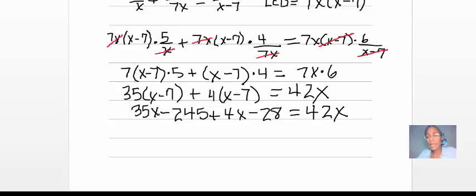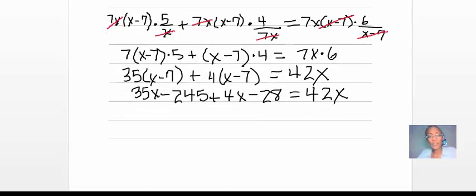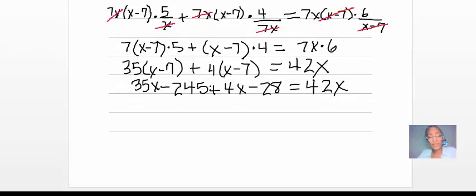On the left side, I'm going to combine like terms. 35x plus 4x is 39x. Minus 245 minus 28 is minus 273. And that equals 42x.